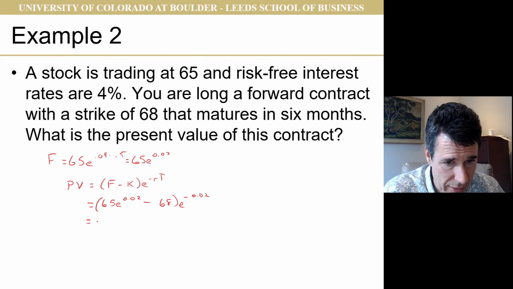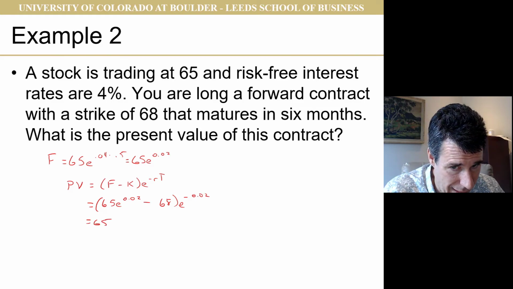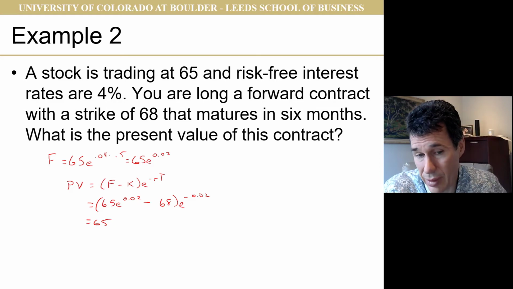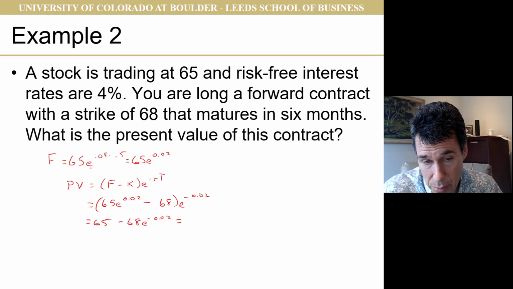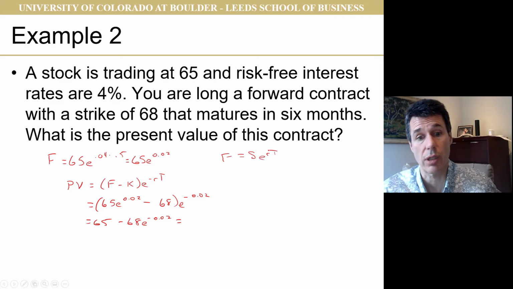So that's 65. The e's cancel. The e to the 0.02 times e to the minus 0.02, that's e to the 0, which is 1. 65 minus 68 e to the minus 0.02. Now that trick works because of the forward price, S e to the rT, that trick doesn't work for more complicated forwards.